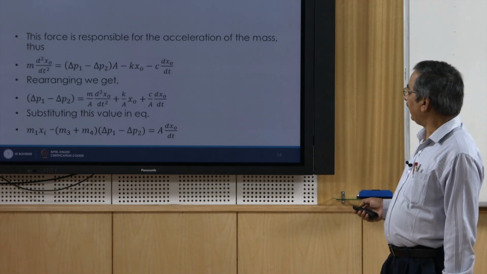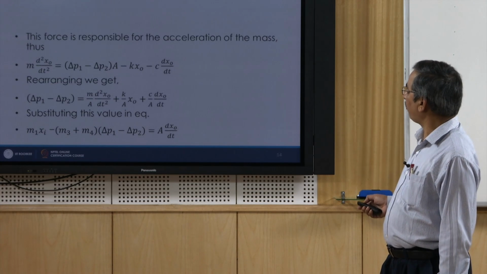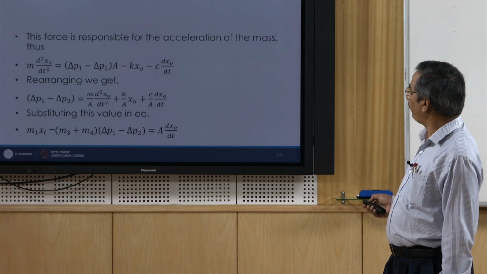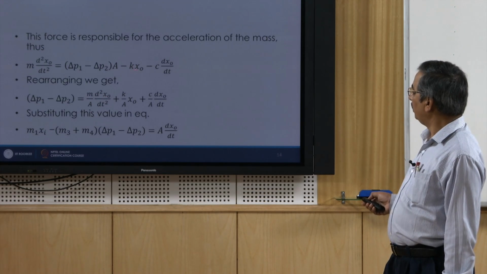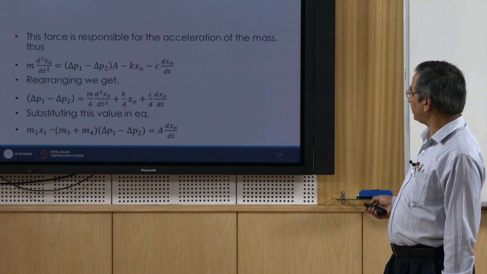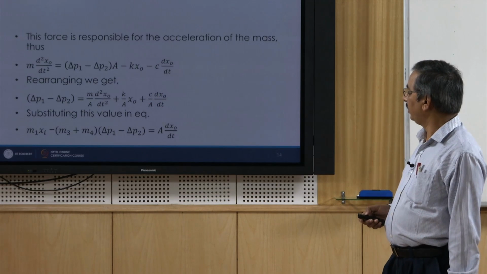Now, we can rearrange this equation. Okay. So, we have ΔP1 − ΔP2 is equal to (m/A) d²x0/dt² plus (k/A) x0 plus (c/A) dx0/dt.